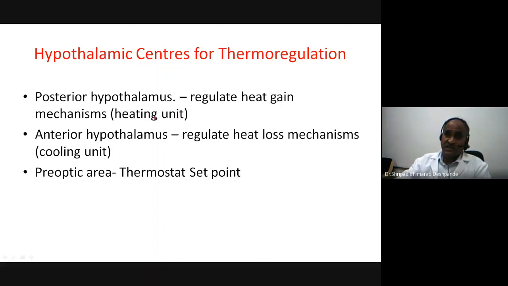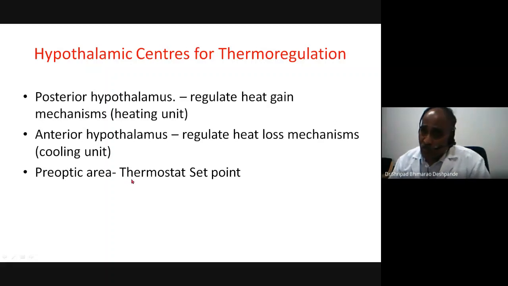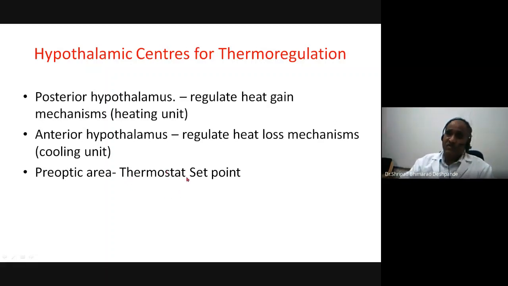It is a heater. The anterior hypothalamus is a cooler, so this cools down. Connecting the anterior hypothalamus and posterior hypothalamus, these two are talking to the preoptic area. This is the point where it regulates which one is to be operated, whether the heating unit or the cooling unit. There is a thermostat, and this thermostat works for a set point.